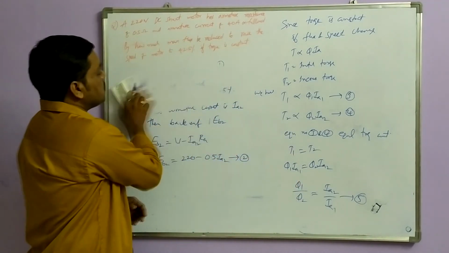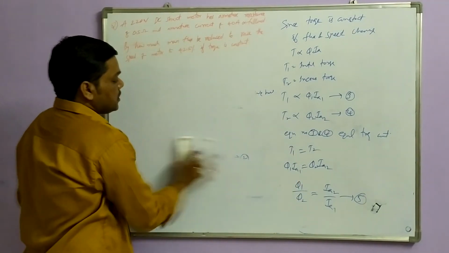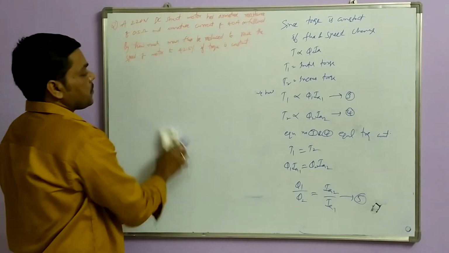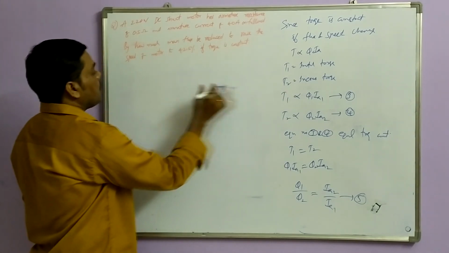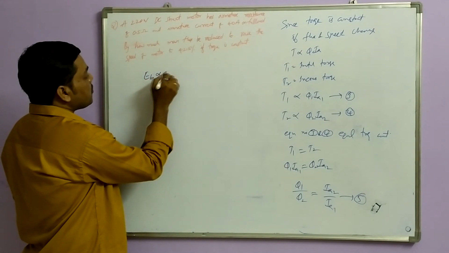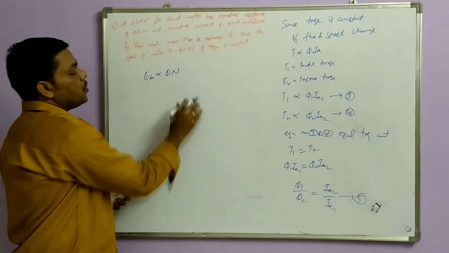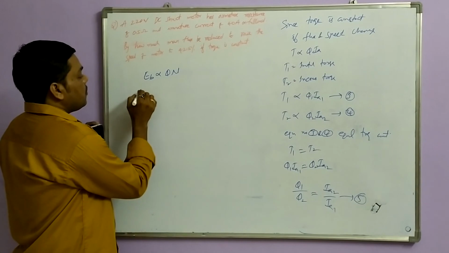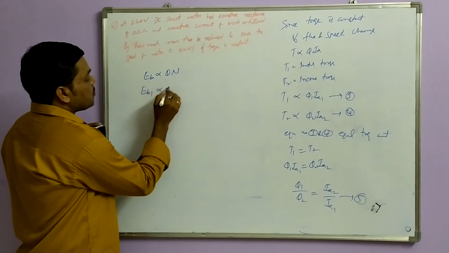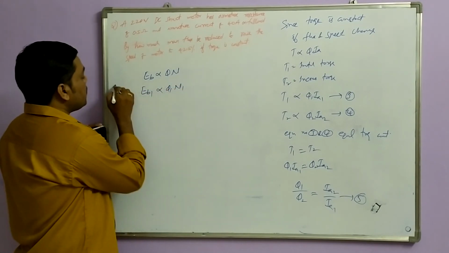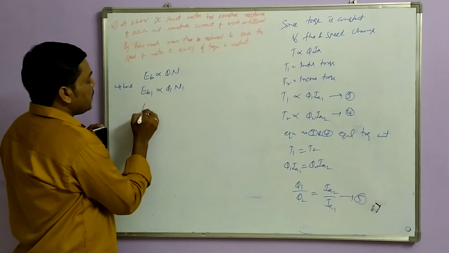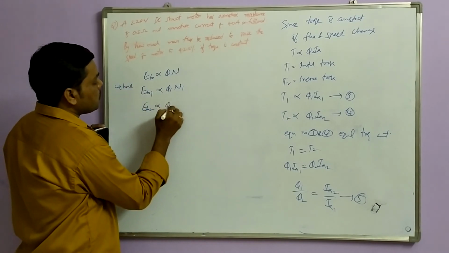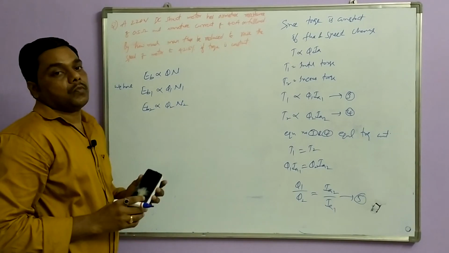And we have some other relations. EB is proportional to phi into N. EB1 is proportional to phi1 into N1 and EB2 is proportional to phi2 into N2.